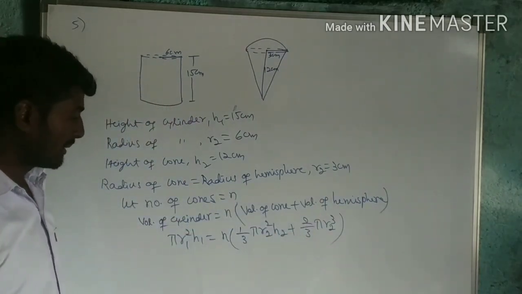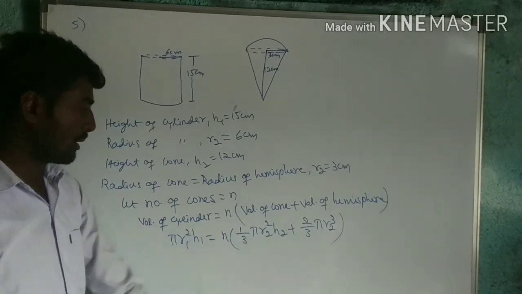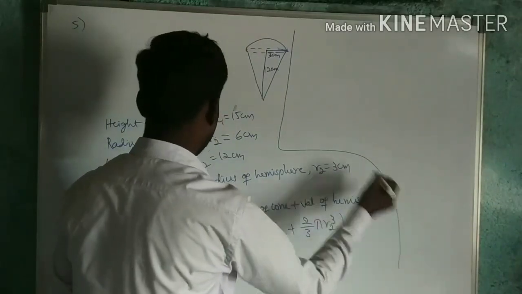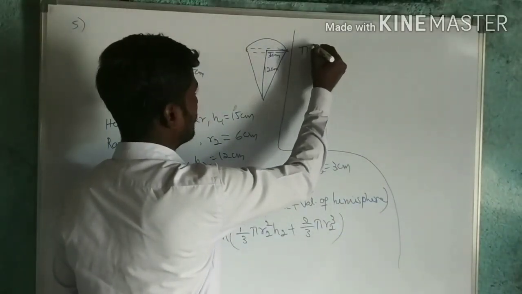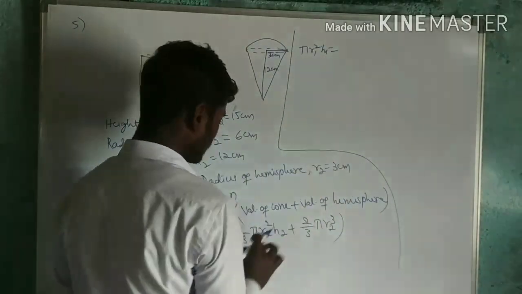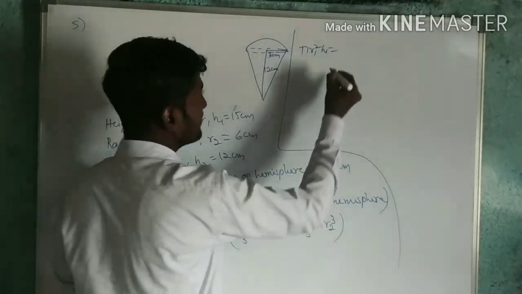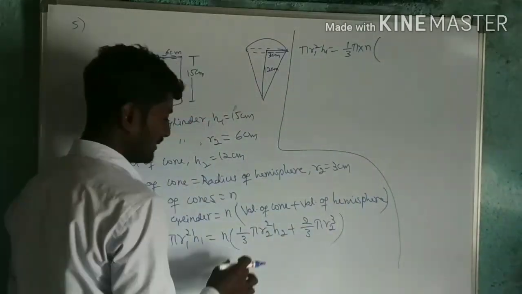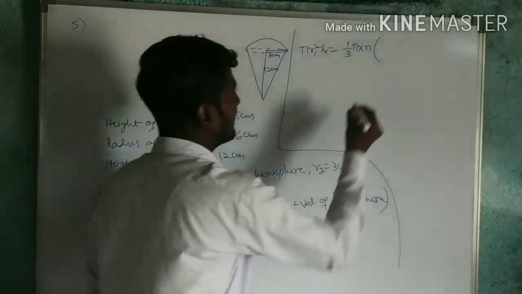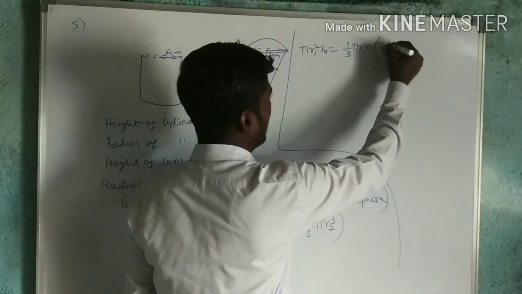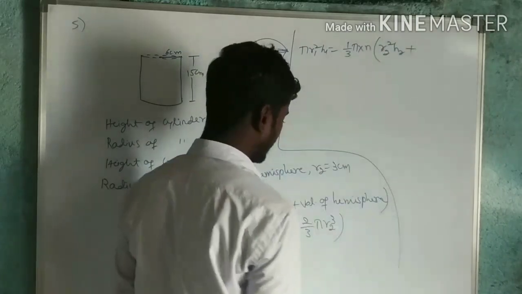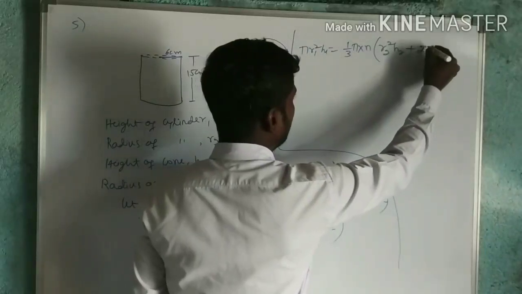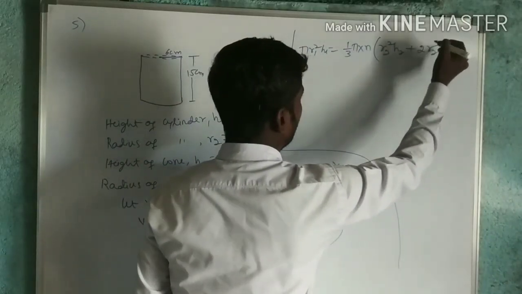Now let us take common pi, and also 1 by 3. So pi r1 square h1 is equal to 1 by 3 pi into n, inside r2 square h2 plus 2 r2 cube.